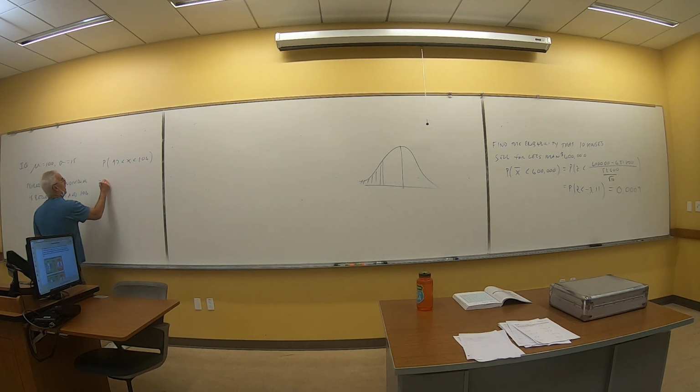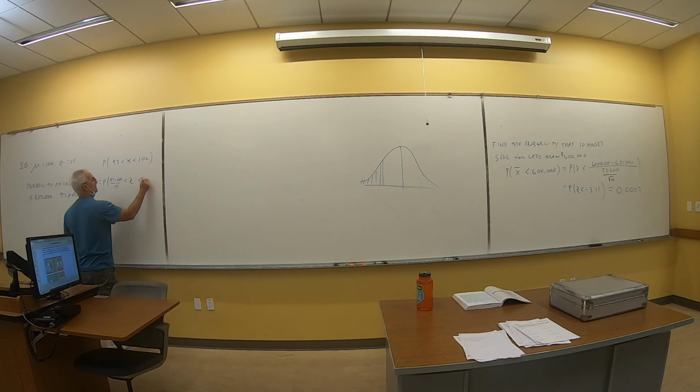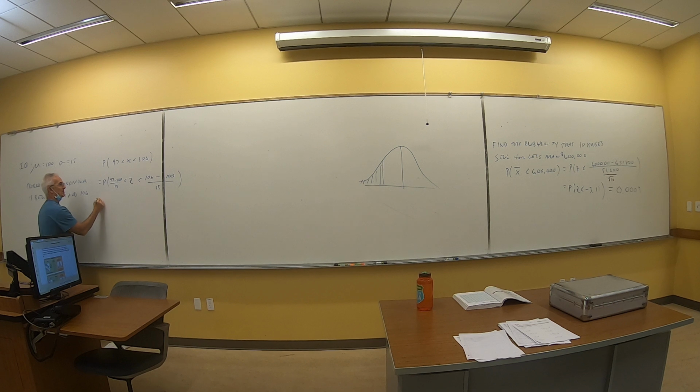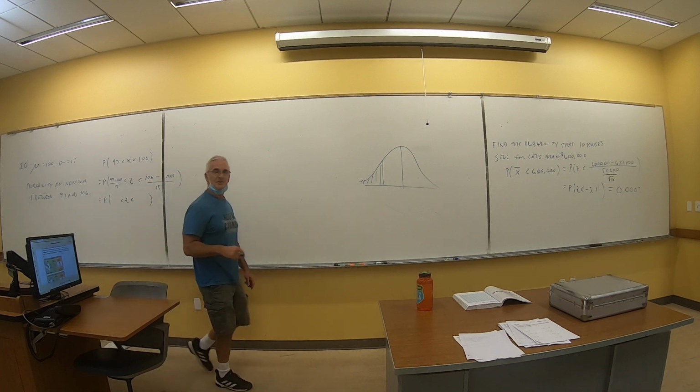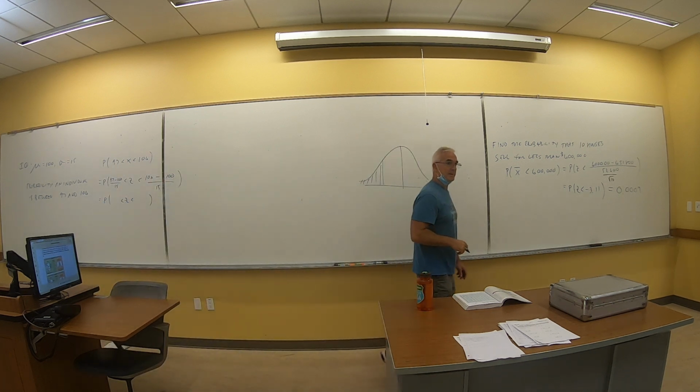So this would be the probability that Z is between (97 minus 100) over 15 and (106 minus 100) over 15. So the only calculation truly in this problem is just reducing those quotients into a 2 decimal place value.